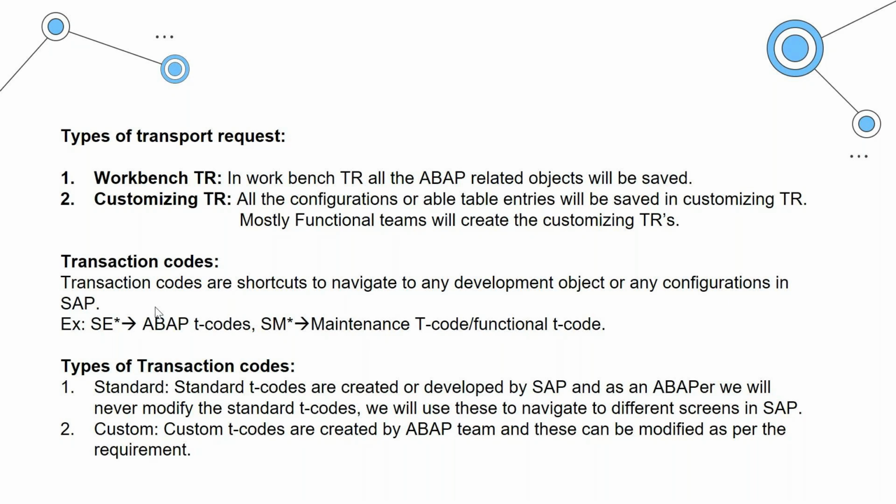So if you're worried about how many T codes there are in the system, do I have to remember all of them? Not at all required. At most, as an everyday activity, you might use 5 to 6 T codes per day, maximum. And as an ABAPer, you might have to remember close to 15 to 20 T codes.